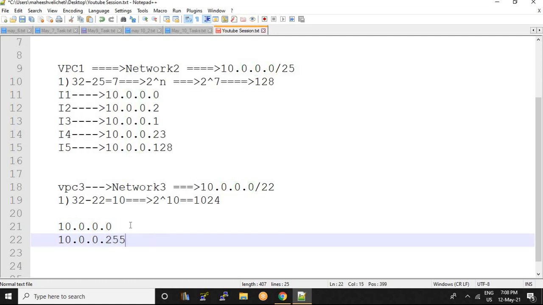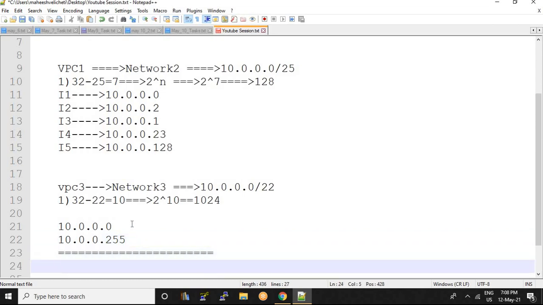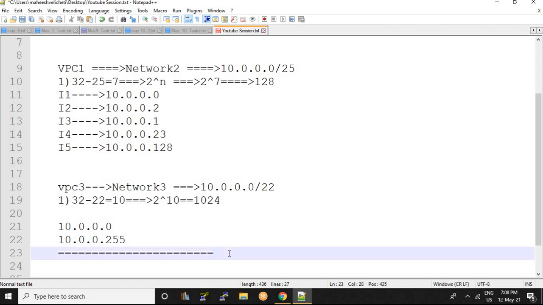So in this step 1, how many IPs get reserved? 256 IPs get reserved.